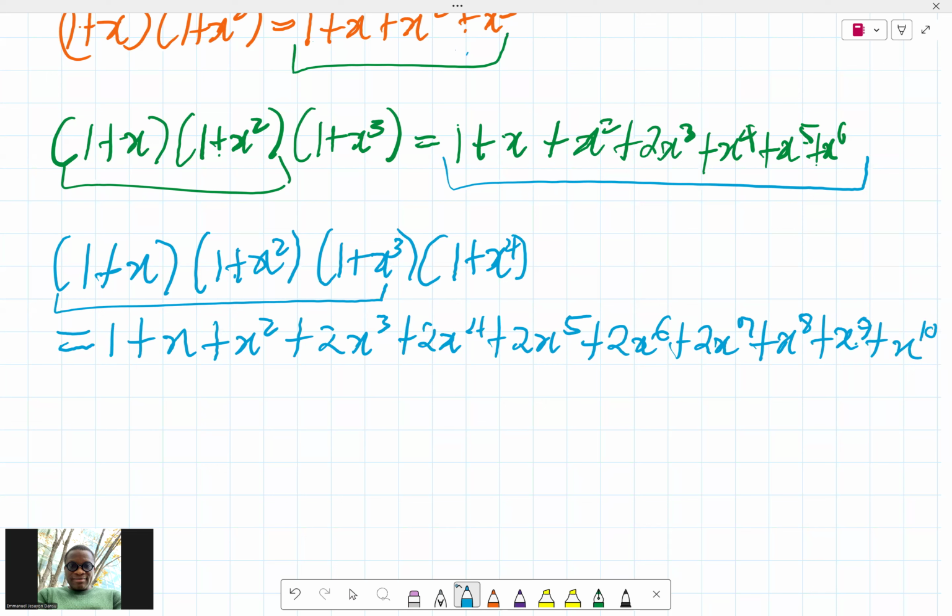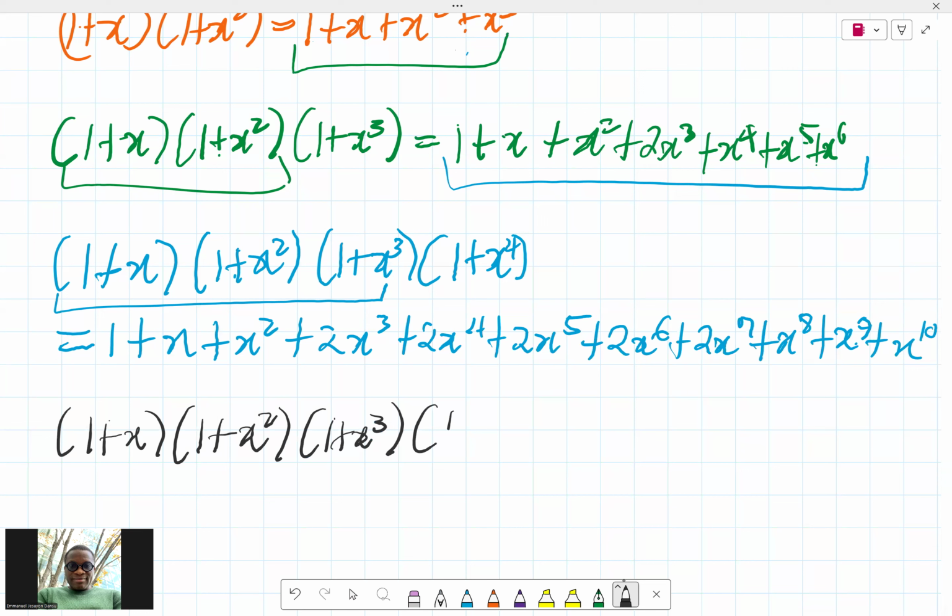Okay. Now, having done that, we also go ahead and multiply by 1 plus x raised to power 5, which is the final part of this. So we have 1 plus x into 1 plus x squared into 1 plus x cubed into 1 plus x raised to power 4 into 1 plus x raised to power 5.